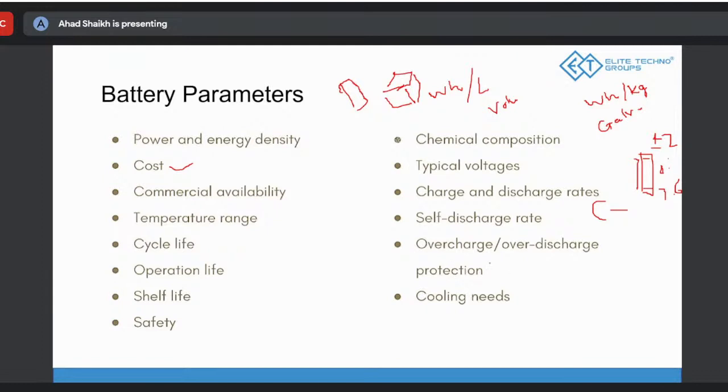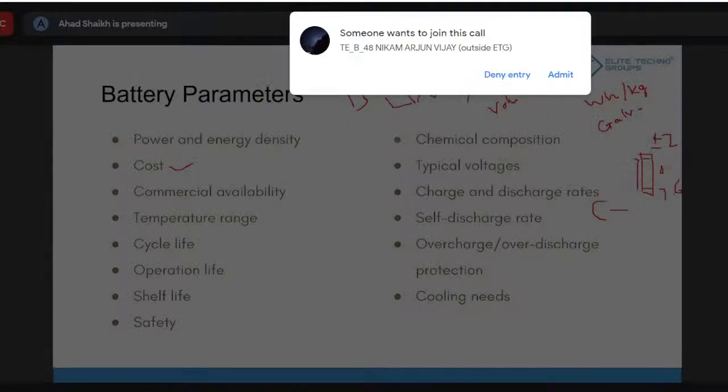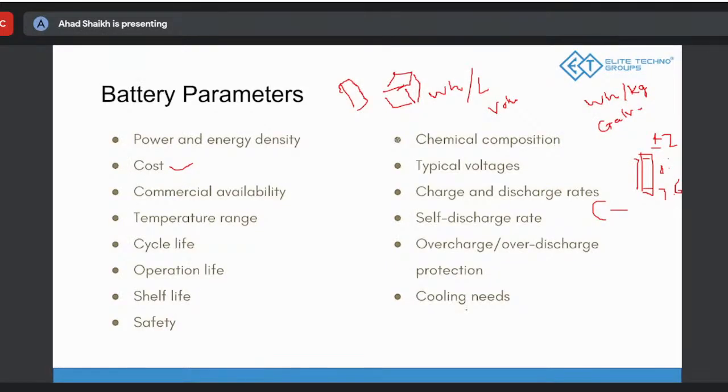So those things need to be considered. And what cooling techniques would you require? Will the temperature affect the long life of the battery pack? Based on that, you have to decide the cooling techniques. So these many parameters you have to look at when you go for selection of batteries.